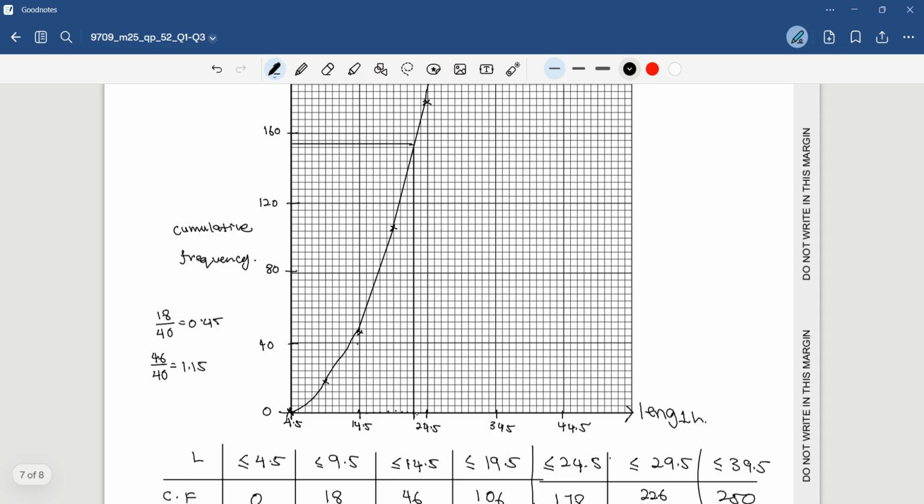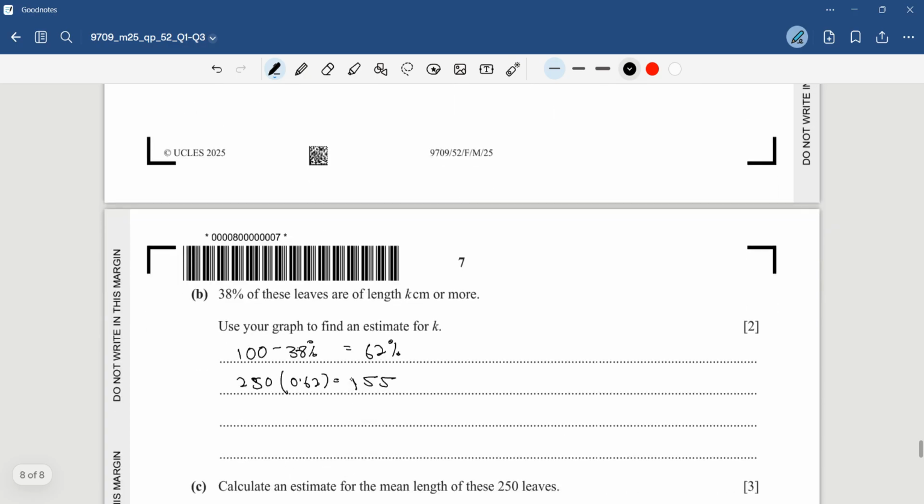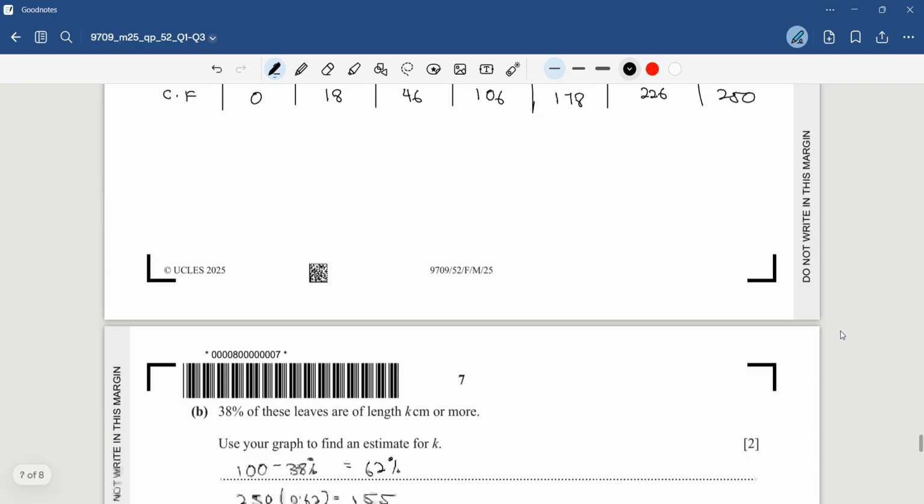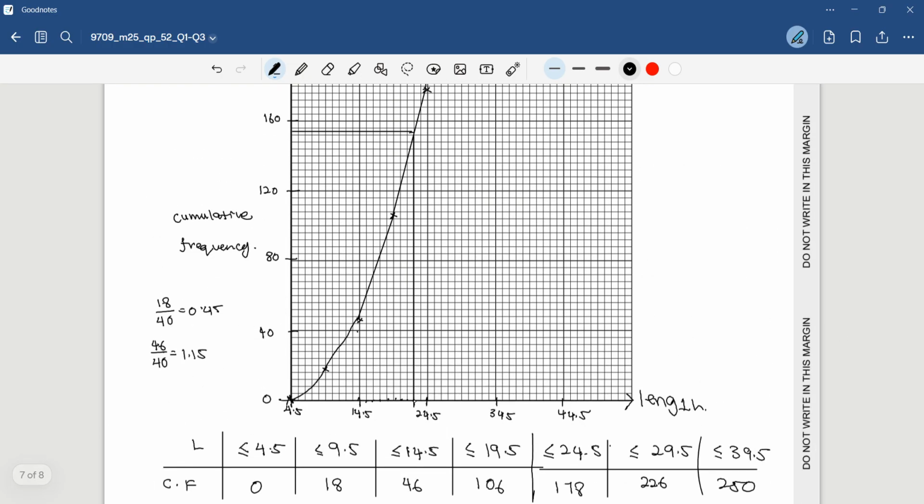So approximately 22.5. So the k value is 22.5. So you just look through the value here.